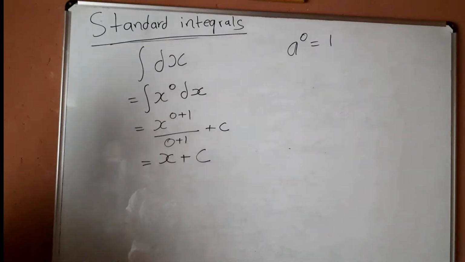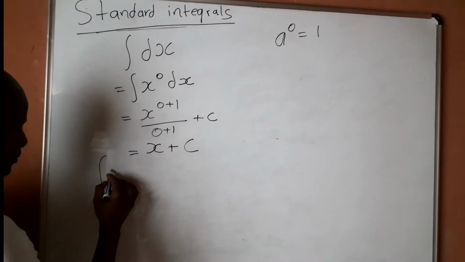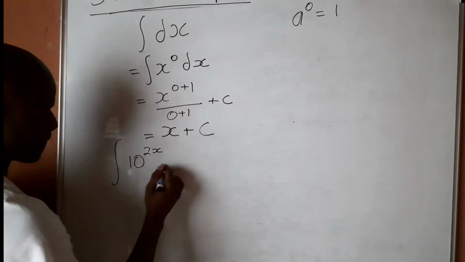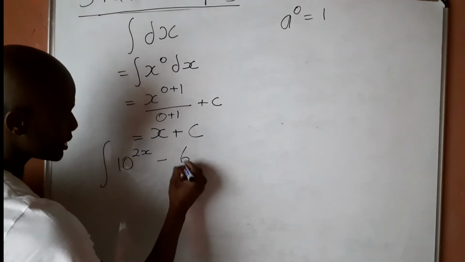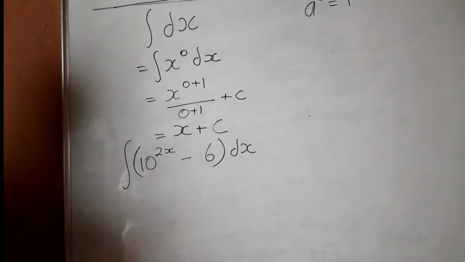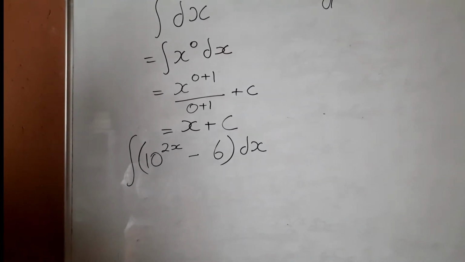Example, they can say integrate 10 to the power 2x minus 6 dx. So remember guys, always we separate and we integrate them separately.